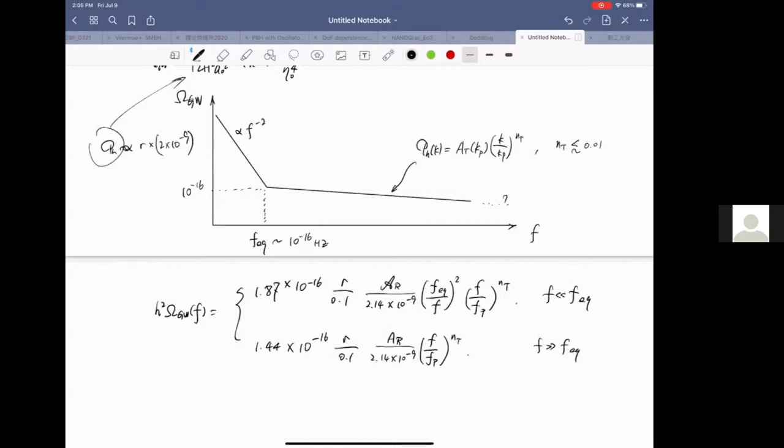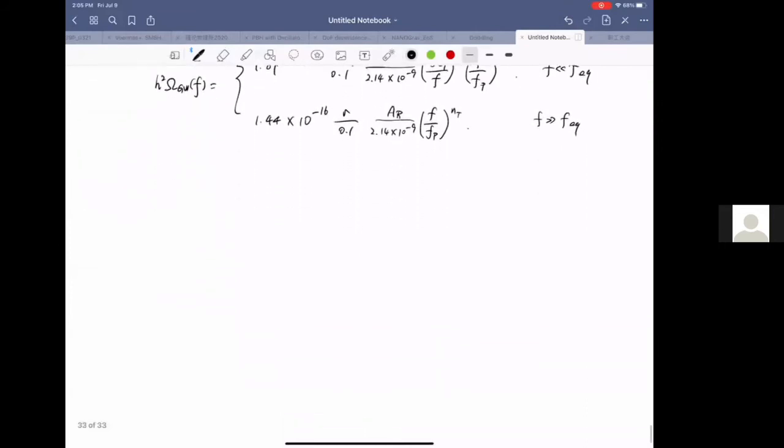There are some comments. Let me just draw the picture again here to make it larger.